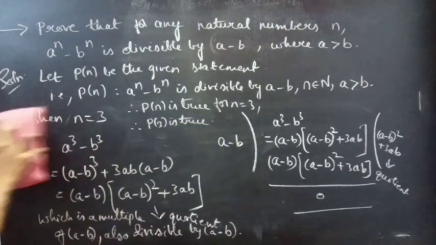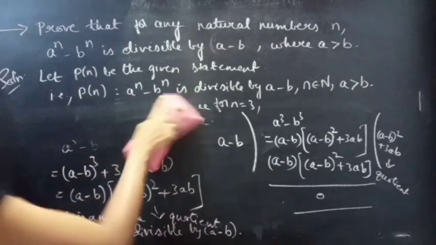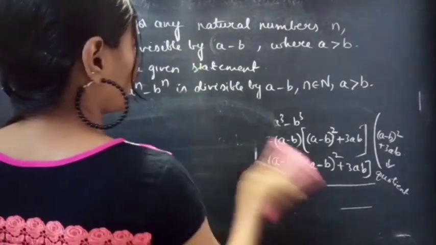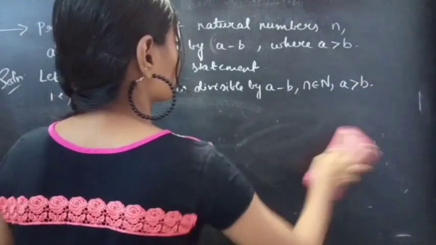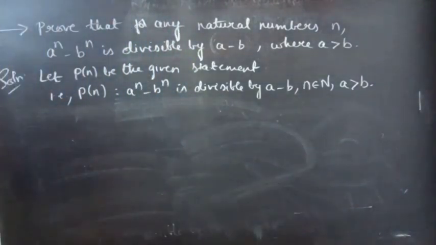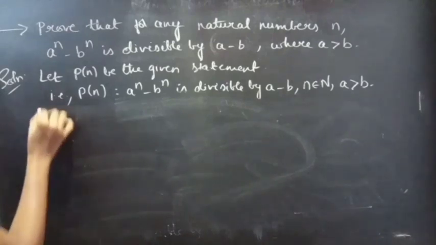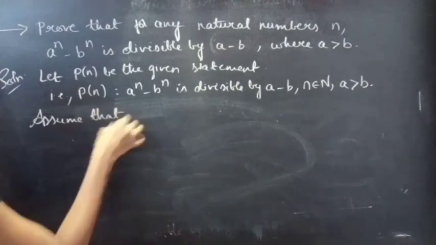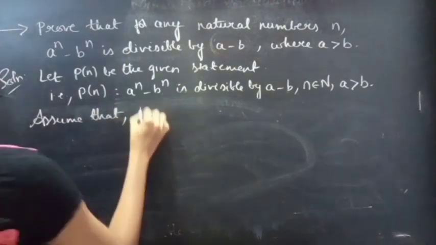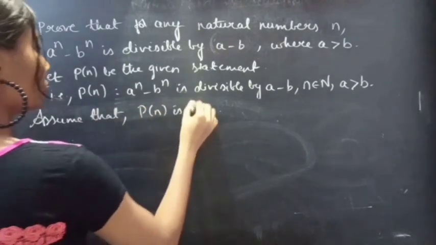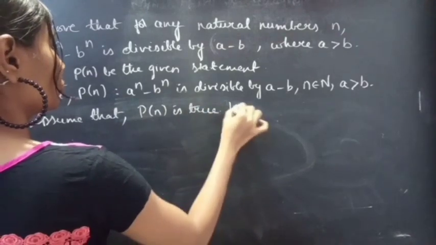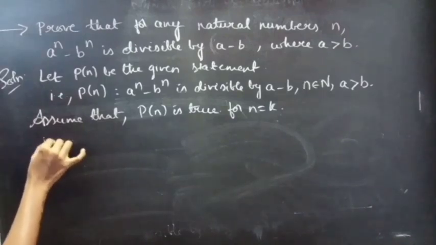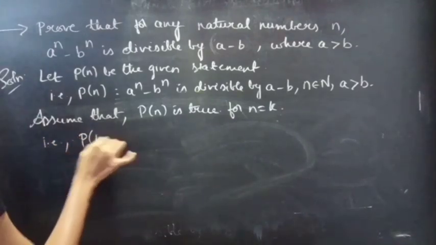Now, we'll assume that P(n) is true for some n equals k. That is, P(k) is true.